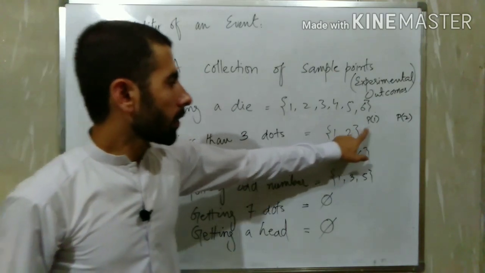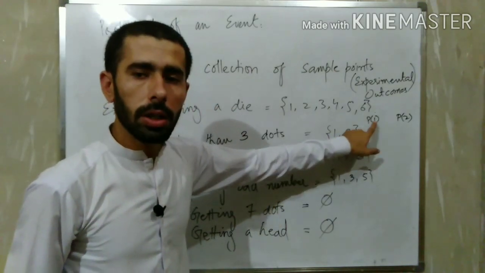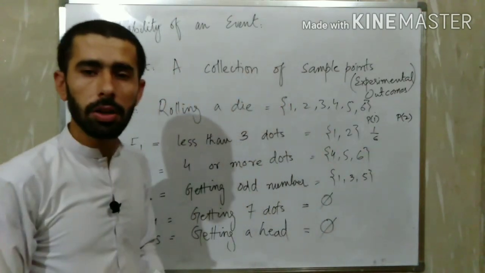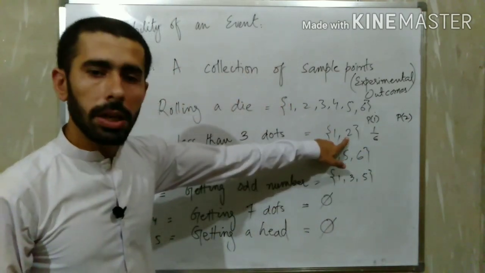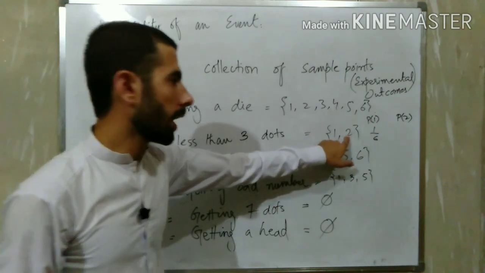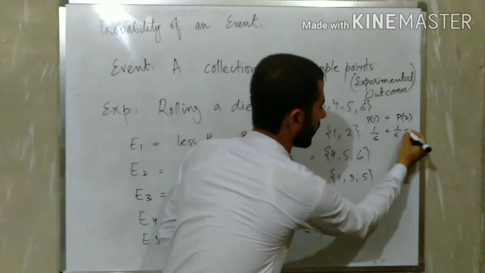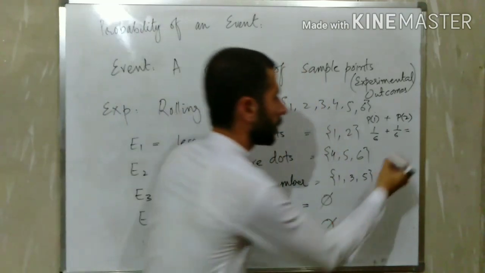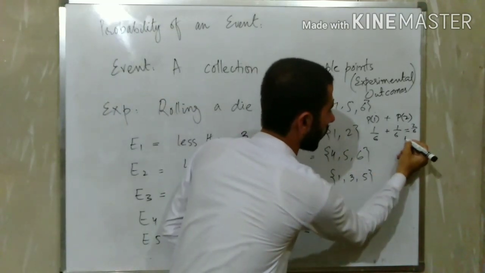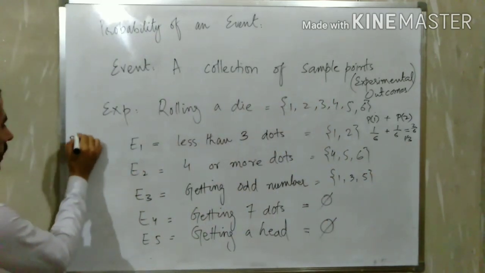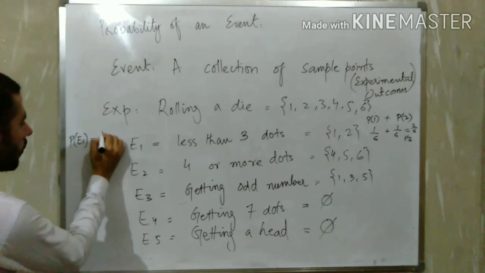The probability of getting 1 dot on the face of the die is 1/6, as we discussed in the second part of the lecture. The probability of getting 2 on the face of the die is also 1/6, so we would add both the probabilities and the total probability would be 2/6 or 1/3. So we would say that the probability for event 1 is 1/3.